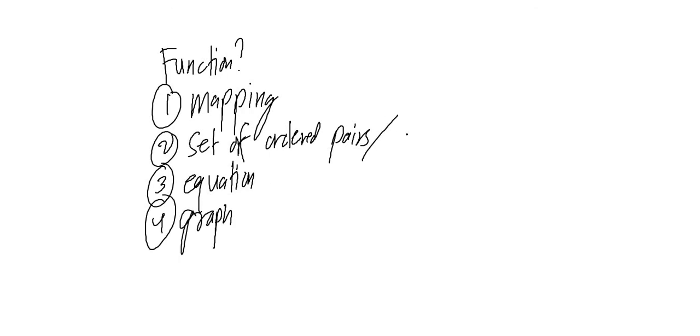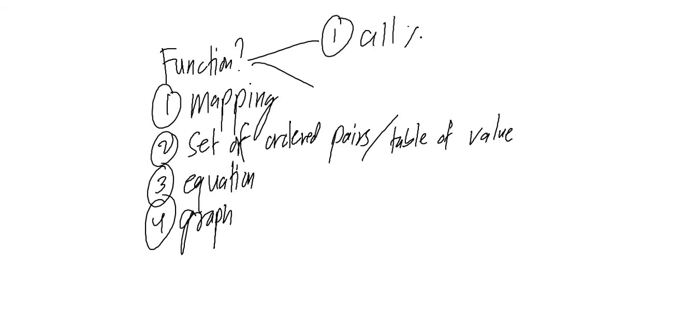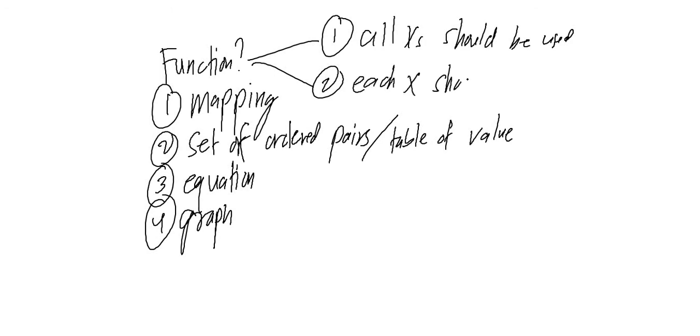The set of ordered pairs can also be likened to our table of values. And always remember that if it's a function, it will always rely on the fact that all x's should be used, and each x should have one partner.